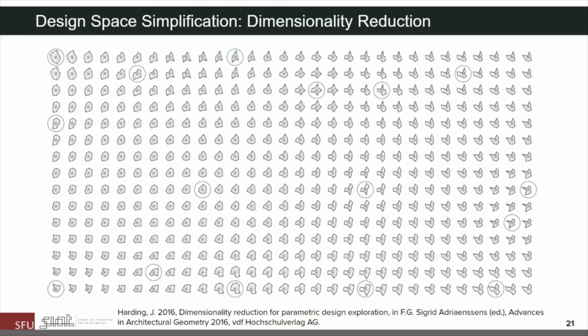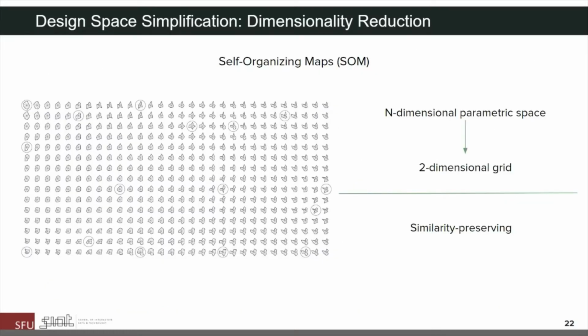For example, in this work by Harding, these glyphs are controlled by 9 different parameters, but here they are mapped to a 2-dimensional grid instead, using a dimensionality reduction technique known as self-organizing maps. An important property of self-organizing maps is that if two alternatives were similar to each other in the original n-dimensional space, then they will also be close to each other on the 2-dimensional map. So to recap, both clustering and dimensionality reduction depend on computing the similarity between design alternatives.